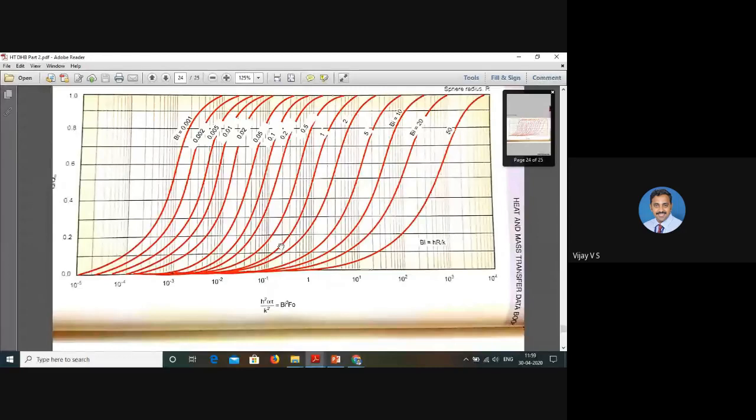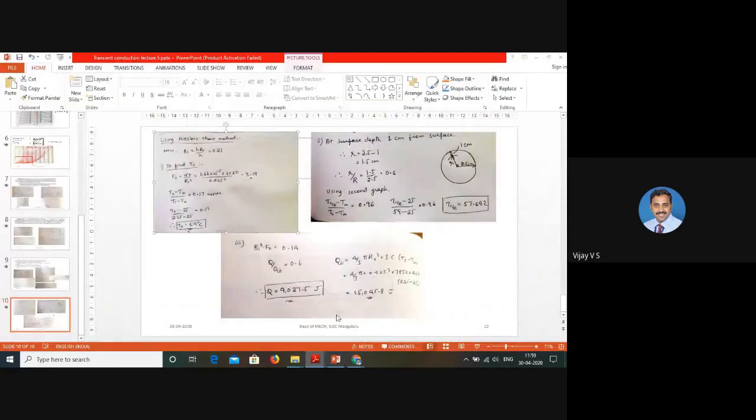So Bi square into Fo we got 0.14. So 0.1, 0.2, 0.14, and you will get around 0.5. It should be 0.5. Yeah, I have taken 0.6. It should be 0.5 here, okay?